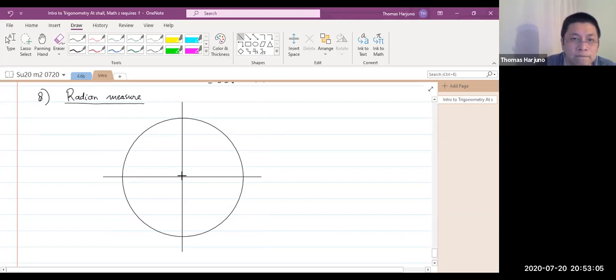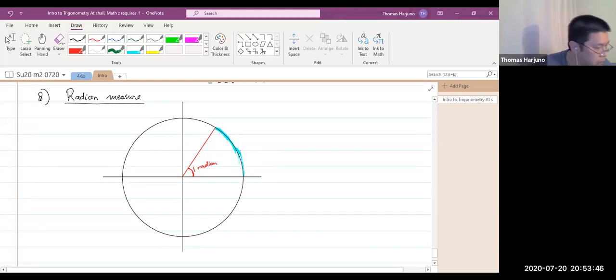Radian measure is, maybe I define 1 radian first. 1 radian is the angle such that the ratio of the arc subtended by that angle, of that arc there corresponding to that angle, and the radius is 1.